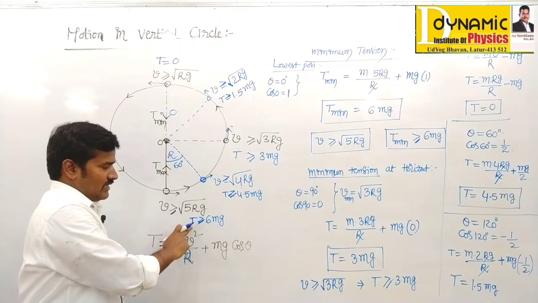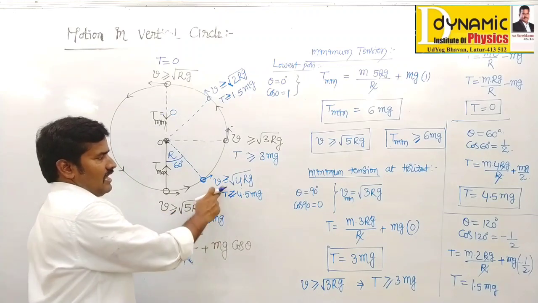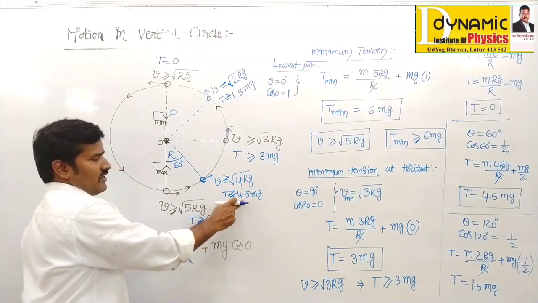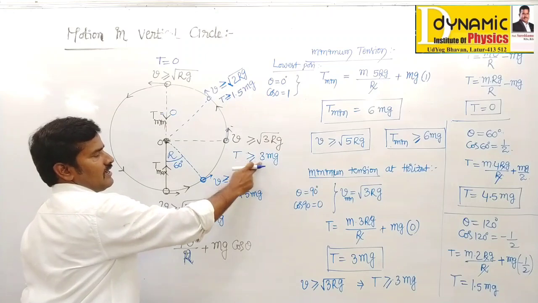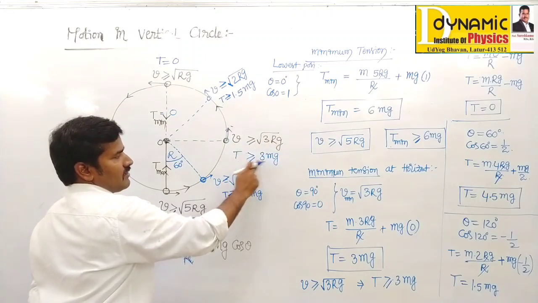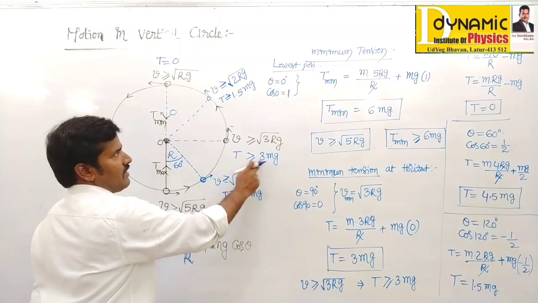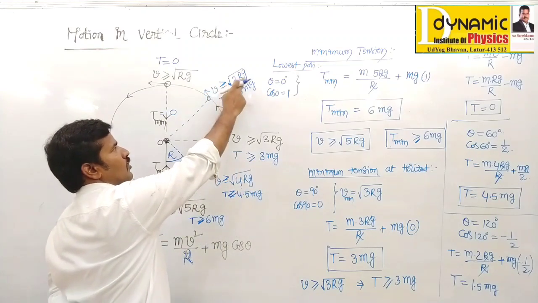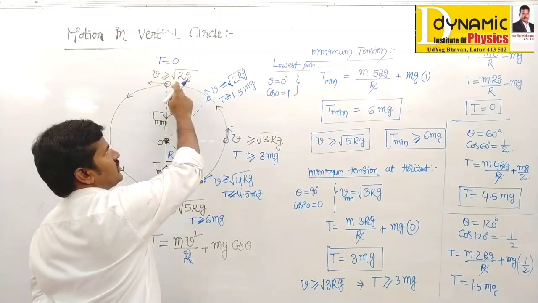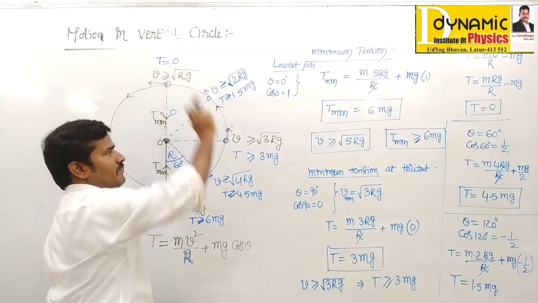Root 5 rg gives tension 6 mg. Root 4 rg gives 4.5 mg, a difference of 1.5. Root 3 rg gives greater than or equal to 3 mg. Root 2 rg gives tension 1.5 mg. Here v equals root rg, and the tension becomes 0.